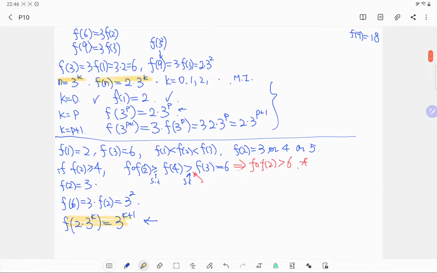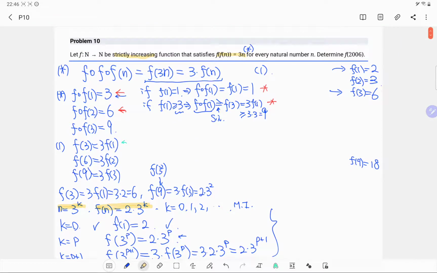So now we know that f of 6 should be 3 times 3, which is 9. So now we know f of 3 and f of 6.